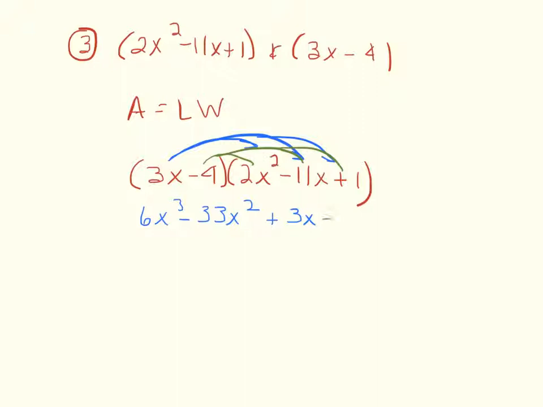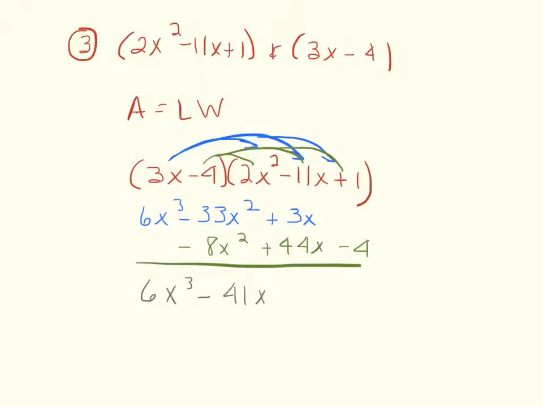That'll give me, kind of right underneath here, negative 8x squared plus 44x minus 4. Okay. And then I'll just add up like terms. And so my final result, 6x cubed, negative 41x squared, 47x, minus 4. And that's it.